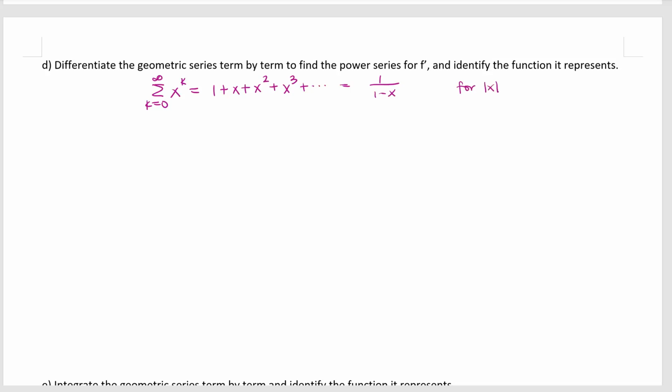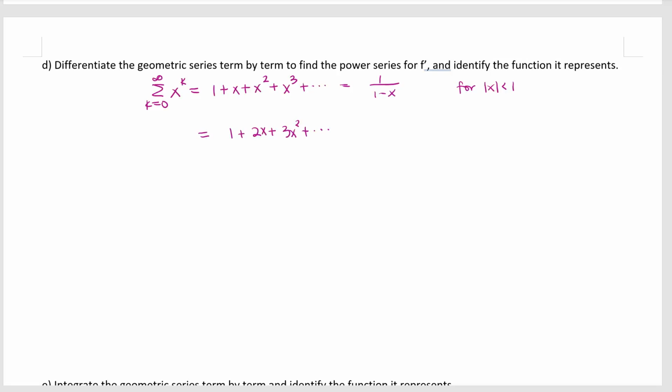So we can differentiate the power series term by term. Let's differentiate the middle guy first. Derivative of 1 is 0. Derivative of x is 1. Derivative of x squared is 2x. Derivative of x cubed is 3x squared. I already said the answer.